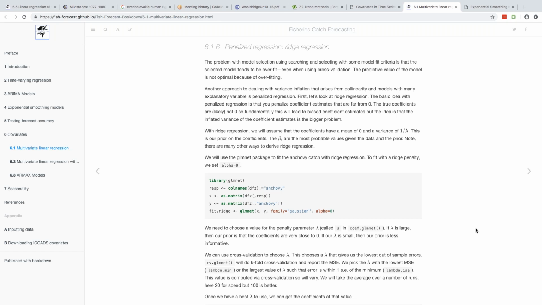You don't try to pick the one, you include all of them, and then you sort of pull in those estimated effect sizes that get really positive or really negative. You don't allow those really extreme values. You pull them all in.